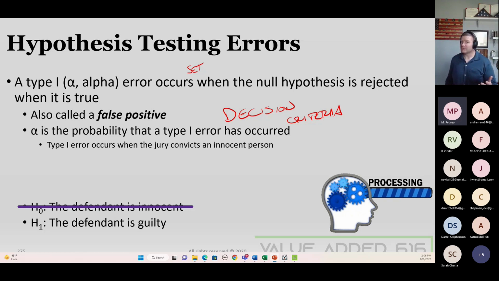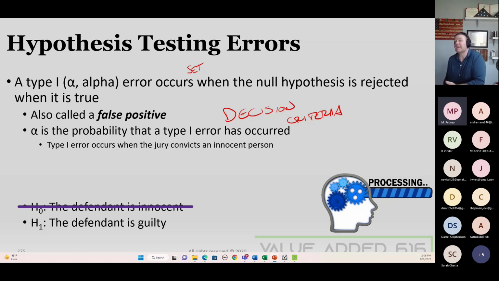And we're dealing with samples. I can never know the true absolute truth. I have to accept that I might inadvertently and not on purpose convict an innocent person. I might accidentally or inadvertently say that we made statistically significant improvements in our event this week, and we didn't.